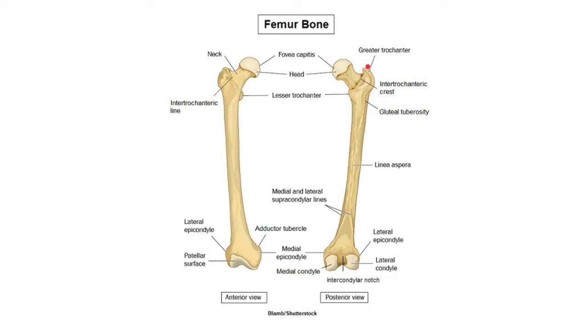You have two big structures just underneath the neck. You have the greater trochanter and the lesser trochanter. These, again, I've said this a lot with a lot of structures, are just basically muscle and ligament attachment. If you really look up all the things that attach to the trochanters, you'll see a group of muscles.